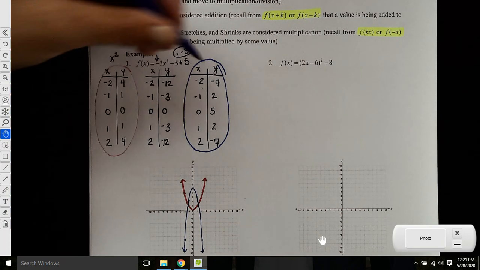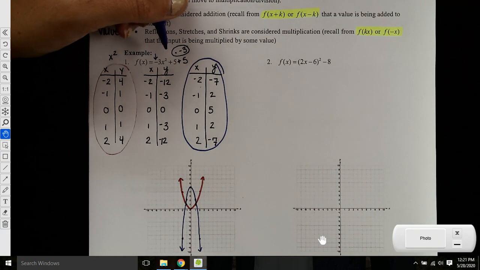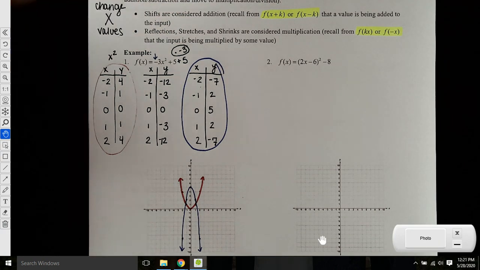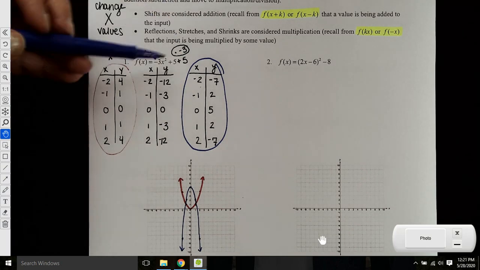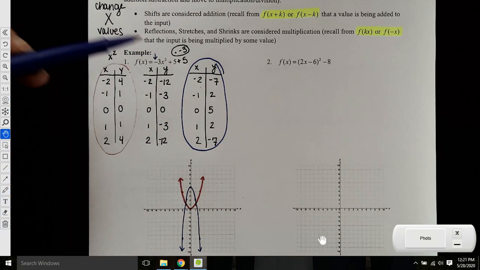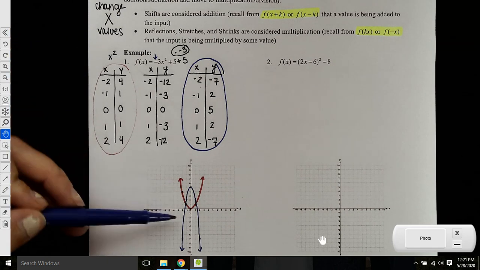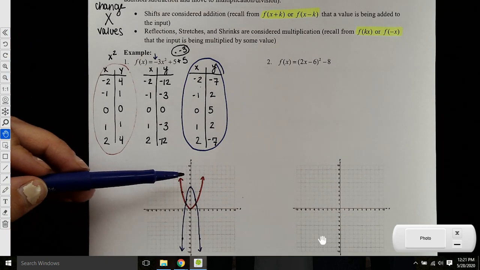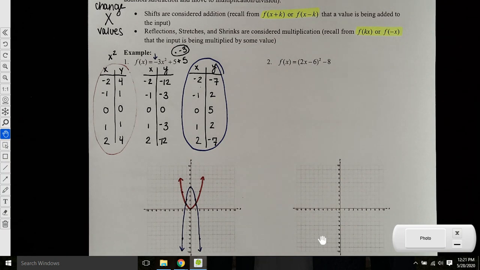I just chose to do that with the 3 because I'm multiplying both of them. So I flipped upside down, it's shifted up 5, which is good, and it is vertically stretched. So notice this is stretched out compared to the original red function.